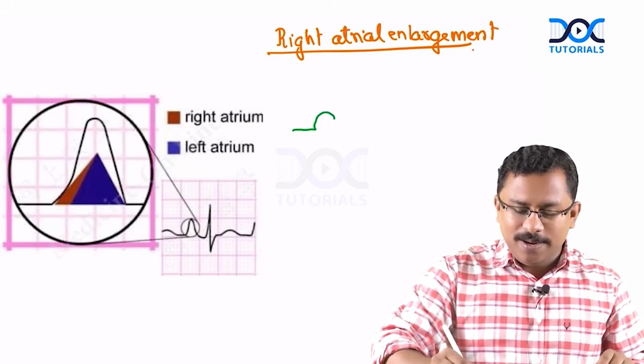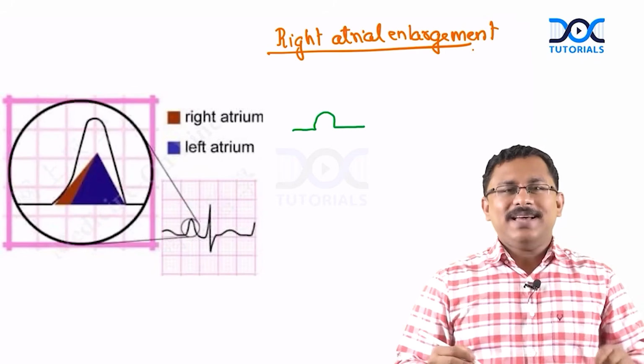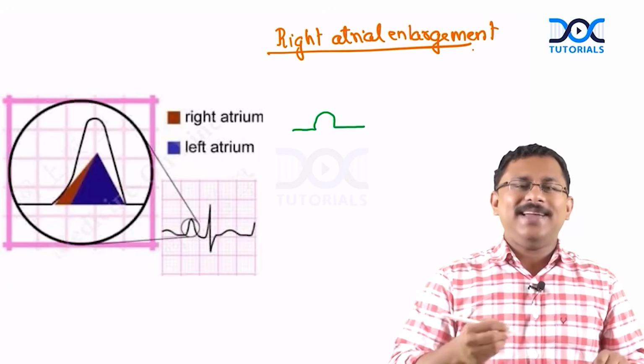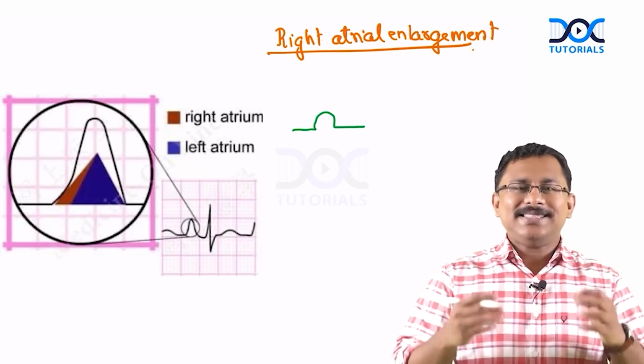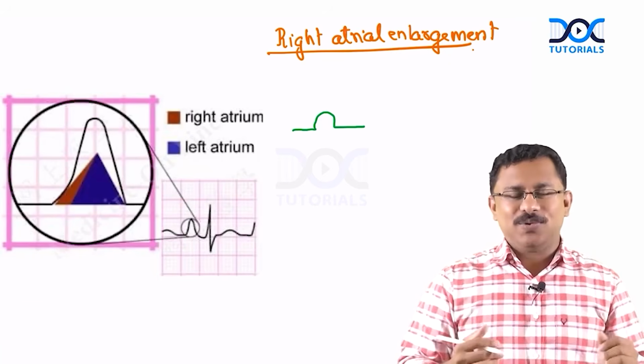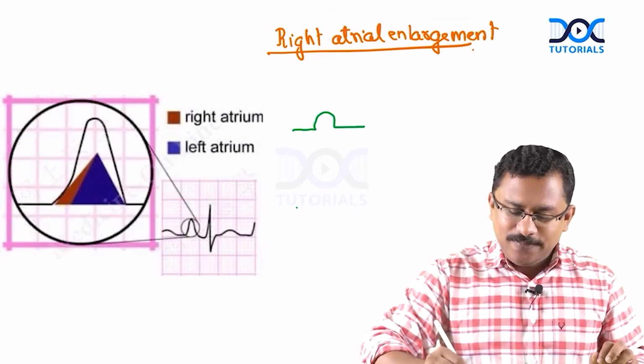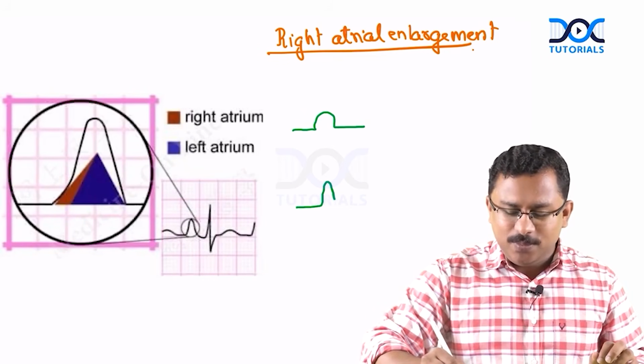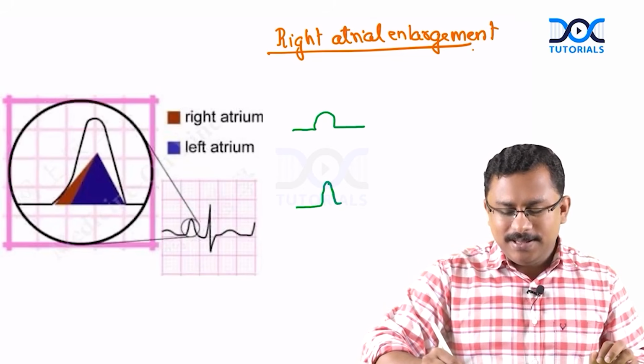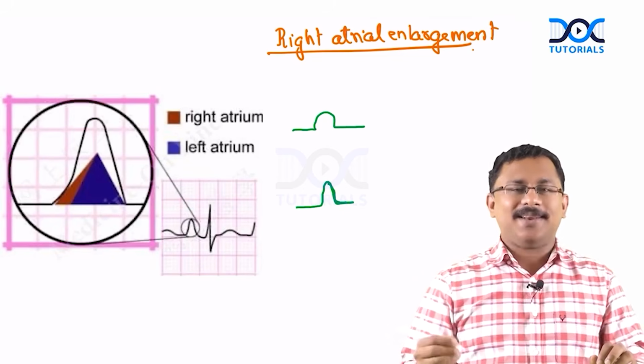So this is the normal morphology of the P wave. Now this will be replaced by a P wave that is having an increased amplitude. Not the duration. The duration will more or less be same, but the amplitude will be higher.